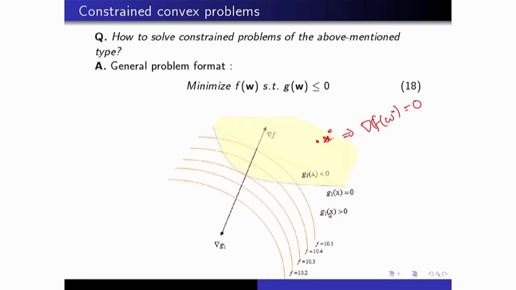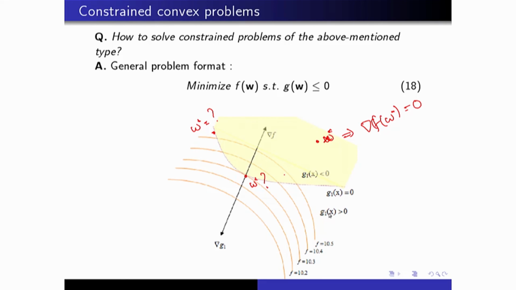So this is the case of w star lying within the interior of the constraint set. The trickier question is, what about w star lying here, or w star lying at this point?